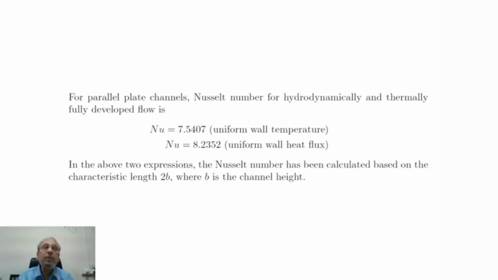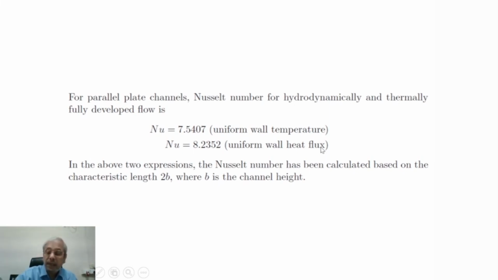Now, without going into rigorous proof, we know the results and we are just mentioning the results for similar situations, hydrodynamically fully developed and thermally fully developed flow in parallel plate channels. There the Nusselt number is 7.5407 for uniform wall temperature and 8.2352 for uniform wall heat flux.